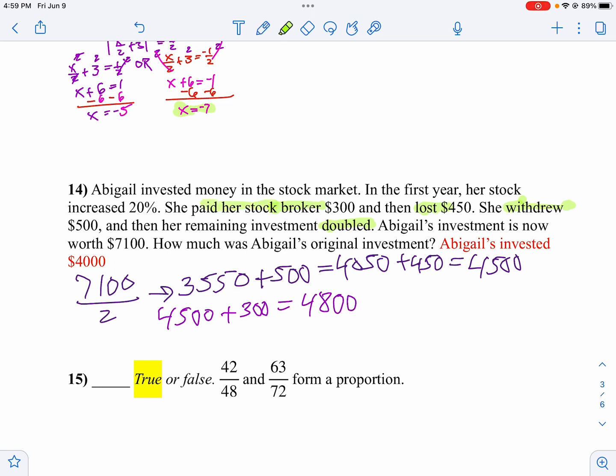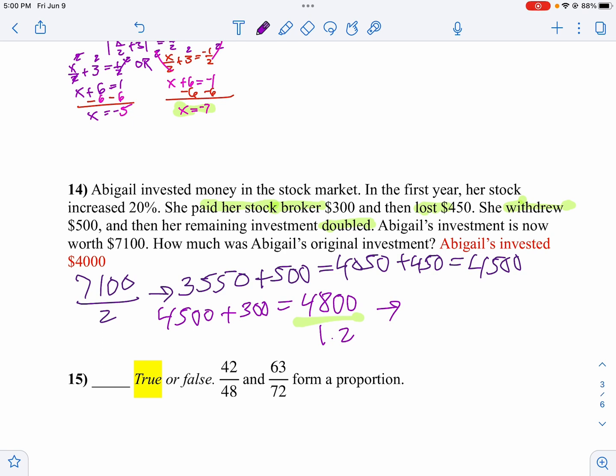And then she got this because her account increased by 20%. Well, increase means I'm going to take my account and multiply it by 1.2, so I'm going to divide by 1.2. And that's how much money she had to start with.